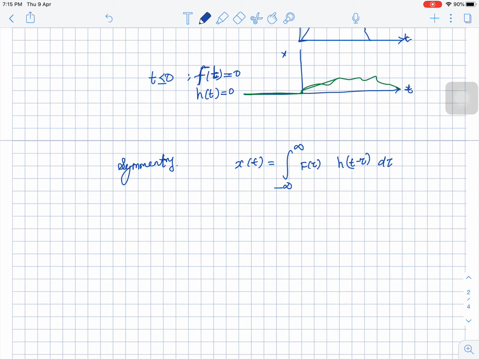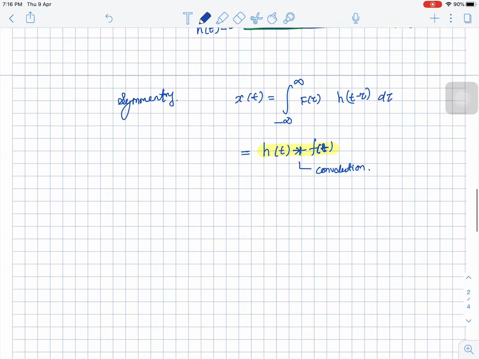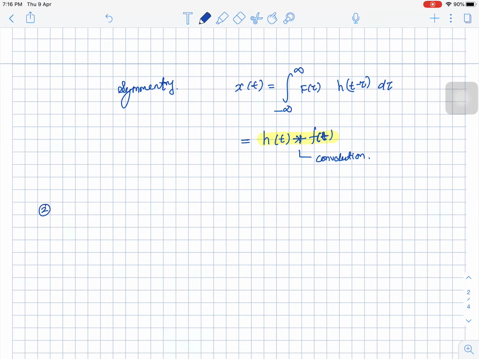This above integral is called the convolution integral. It is the Duhamel integral, and it is equivalent to the convolution h of t star f of t. This star means convolution.